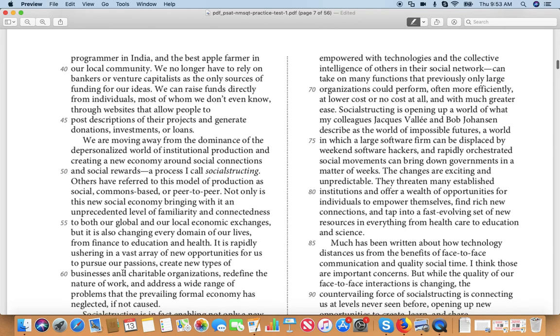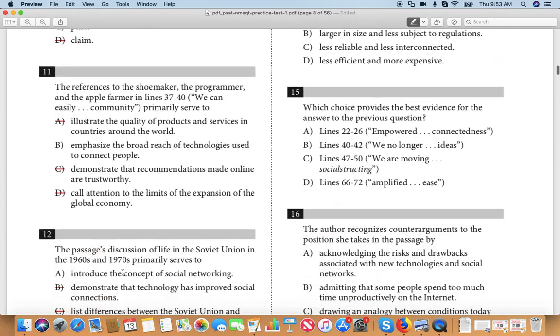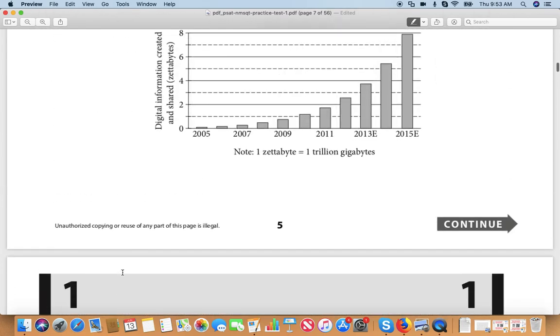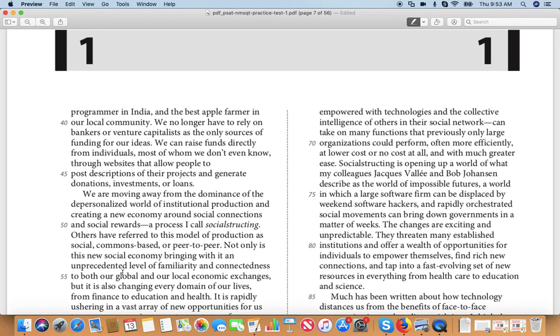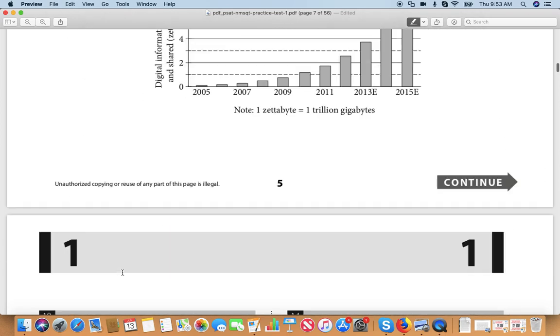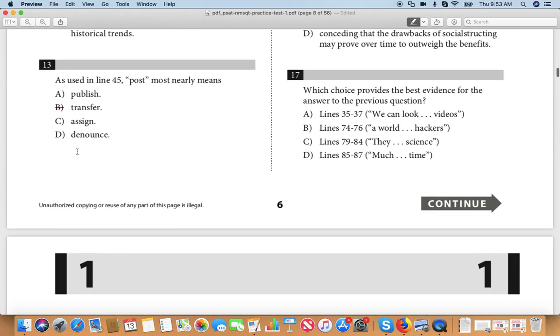How's that? I don't think it works. Yeah, it's not terrible, but it sounds weird. Assign descriptions of their projects? Is that what the people do? They're assigning descriptions of their projects? Publish still just makes more sense, doesn't it? Yes. So I would get rid of that.